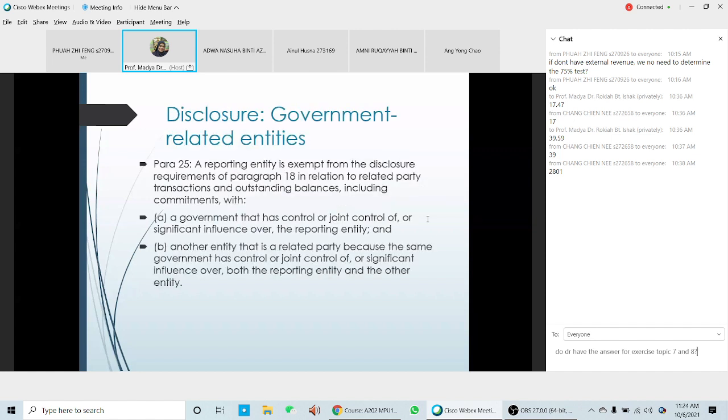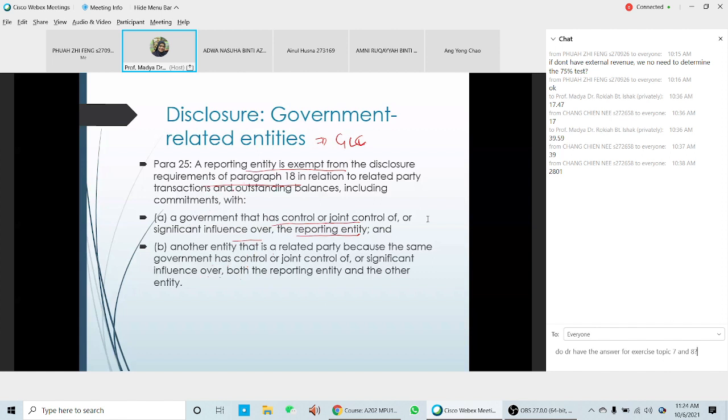Okay, this one is related with the government-related entity, for the GLC company. A reporting entity is exempt from the disclosure requirements of paragraph 18 in relation to related party transactions and outstanding balances, including commitments, with the government that has joint control or significant influence over the reporting entity, and with another entity that is a related party because the same government has control, joint control or significant influence over both the reporting entity and the other entity.